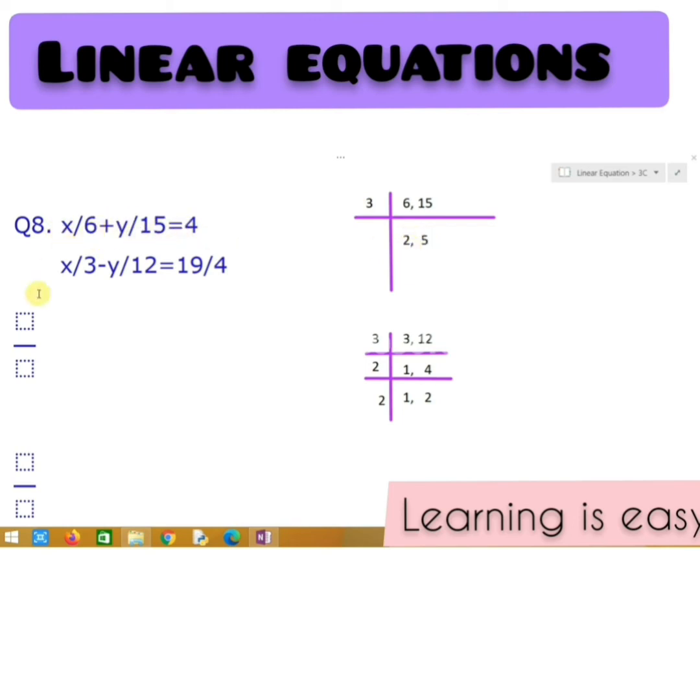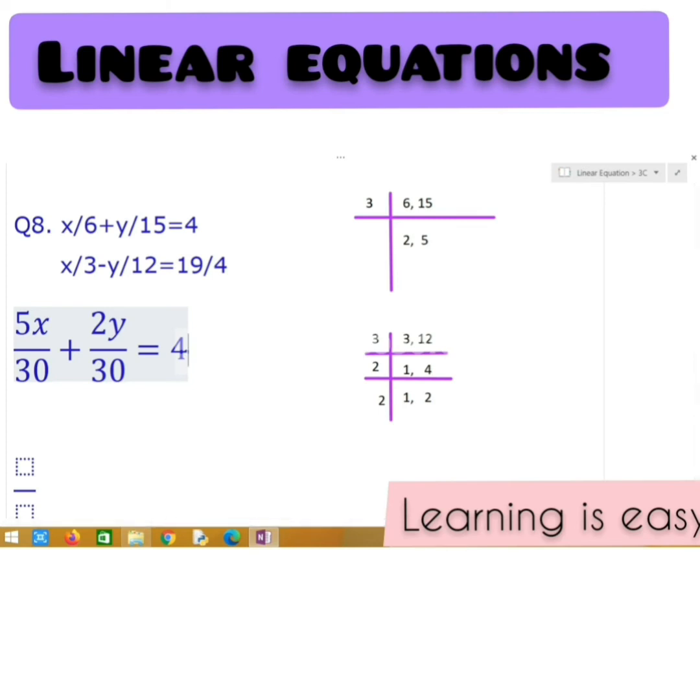So with 6, 30 is 5 times. So 5x by 30 plus 15 2s are 30. So 2y, multiplying the numerator also, by equivalent fractions. So 2y by 30 equal to 4.